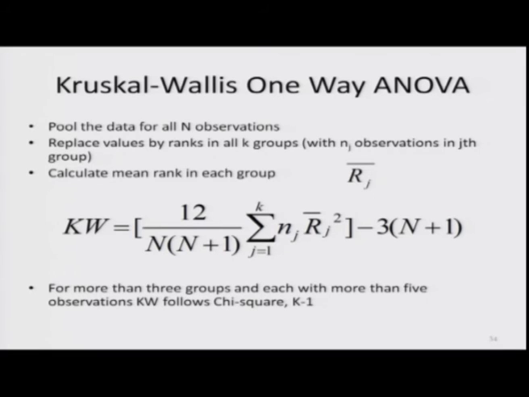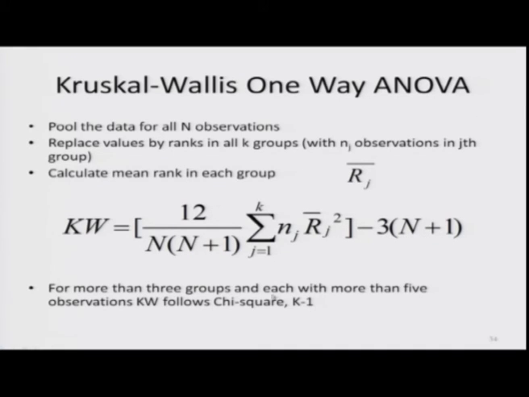This pooled data part is important. Then the Kruskal-Wallis statistic is equal to 12 divided by N, where N is the total sample size, times N plus 1, sigma j goes from 1 to k, meaning for all the groups, n j times R j bar square, minus 3 times N plus 1.